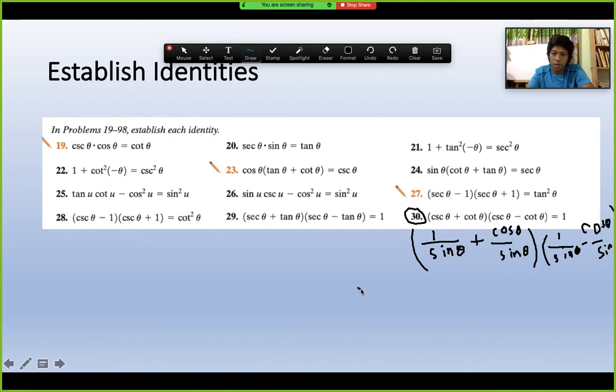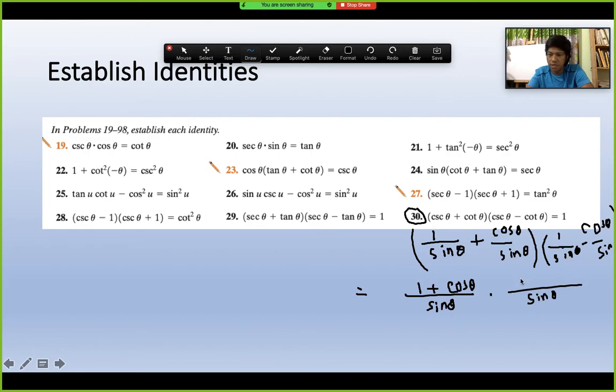Now again, let's do some LCM here. So the denominator will become sine theta. Then this will be 1 plus cos theta. And if you do LCM, sine theta is the LCM.